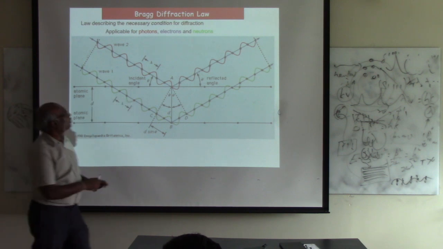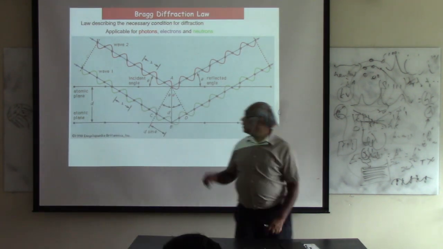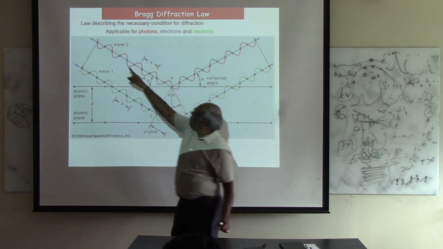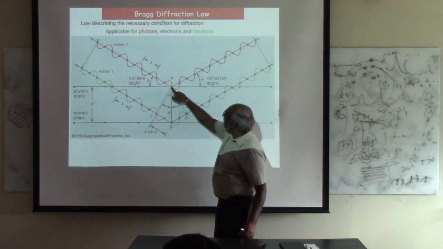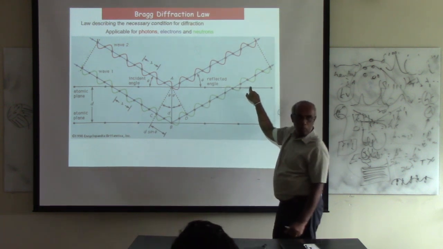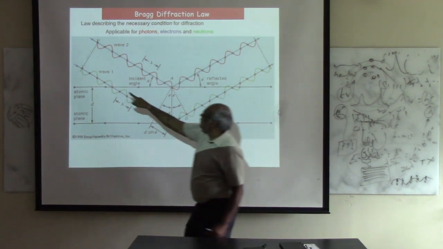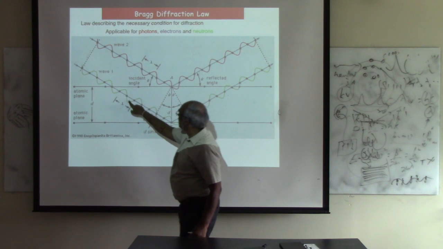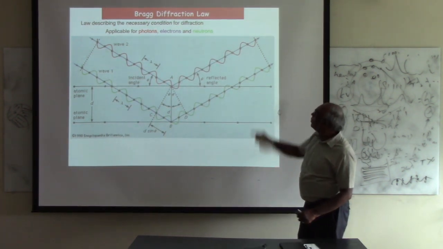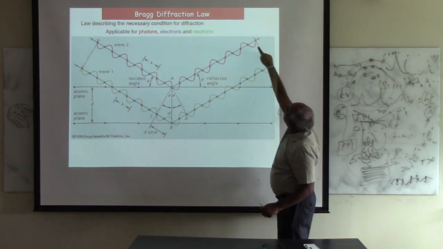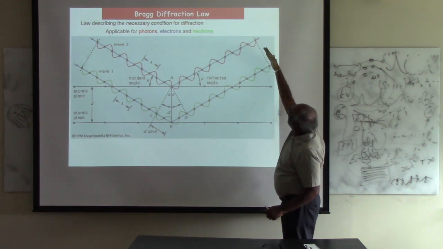Now you can see this is my hkl plane, so I have to look at this X-ray. This X-ray comes here and gets reflected by the top plane. Also this one can come through and get reflected from this plane. Now look at these two waves getting interfered here.